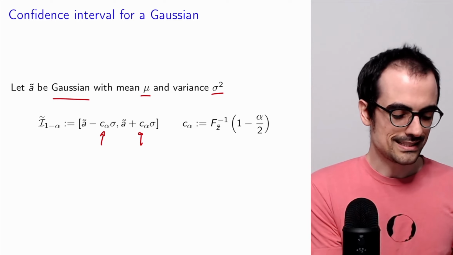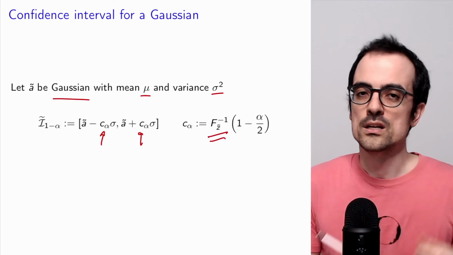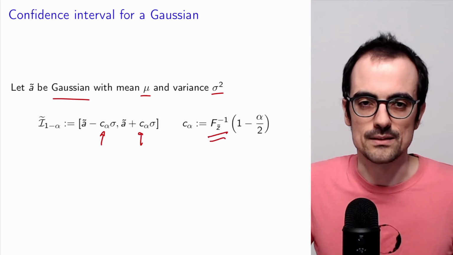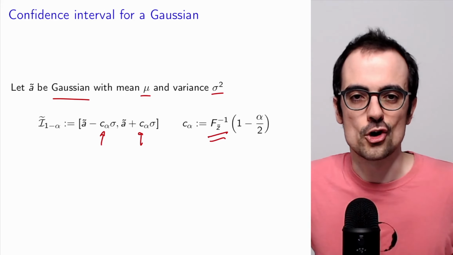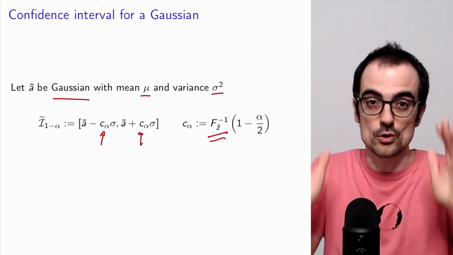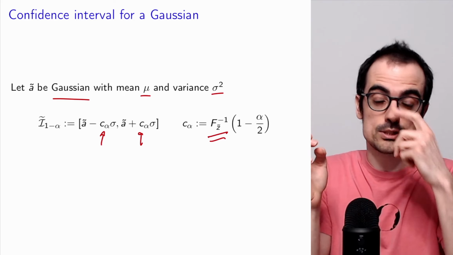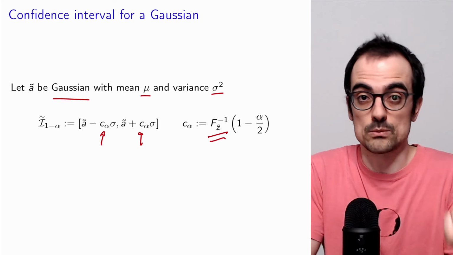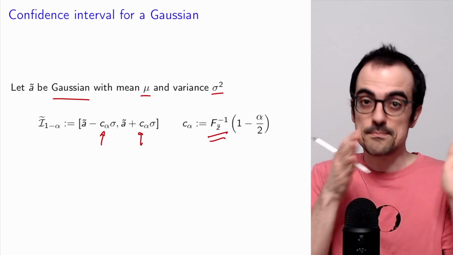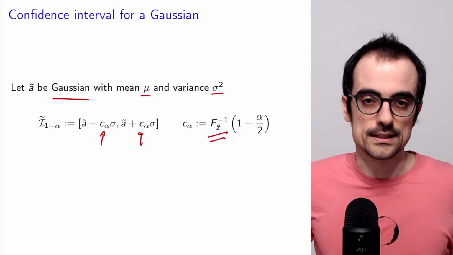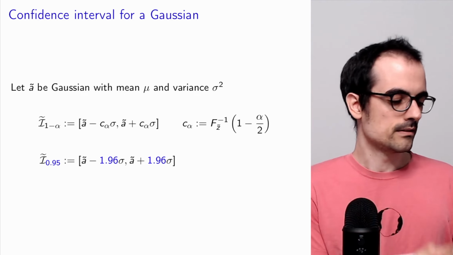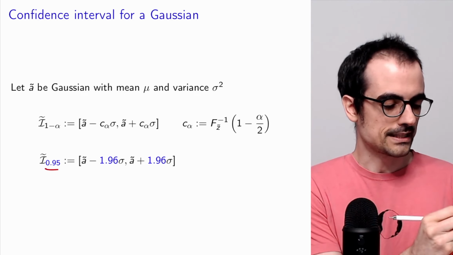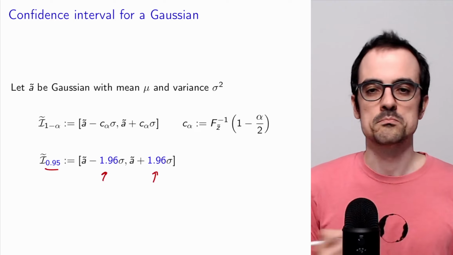It's related to the CDF of a standard Gaussian with zero mean and unit standard deviation. If you don't remember these details, you can take a look at the video on confidence intervals. But the point is that if you know the standard deviation of the Gaussian, in the case of an estimator that would be the standard error, then you can build the confidence intervals in this way. In particular, if you want the probability to be 0.95, then that constant is just 1.96. Okay?